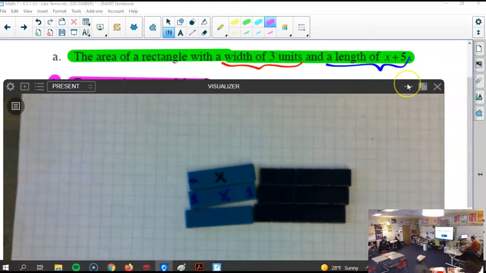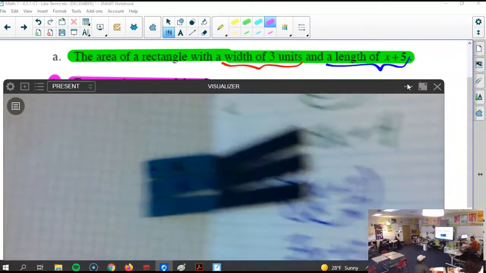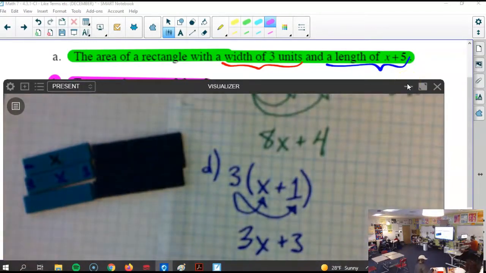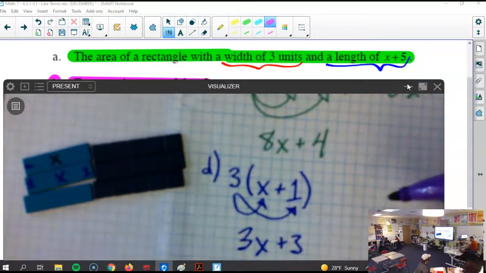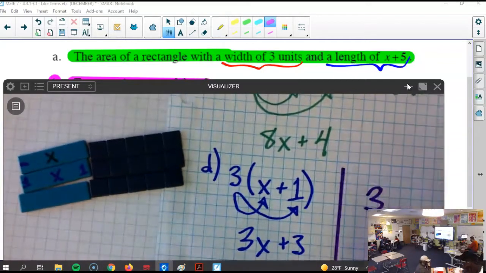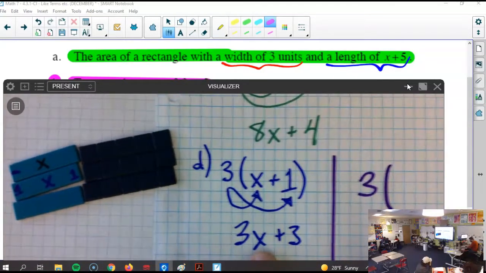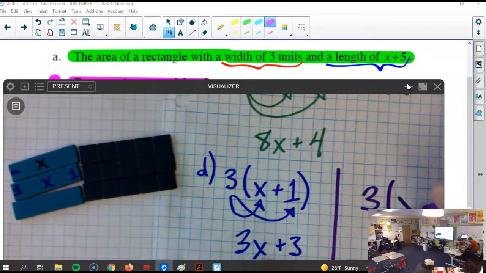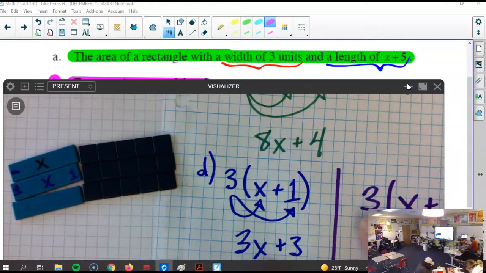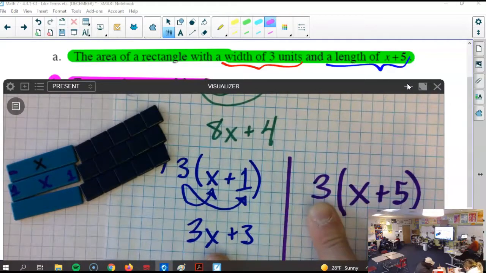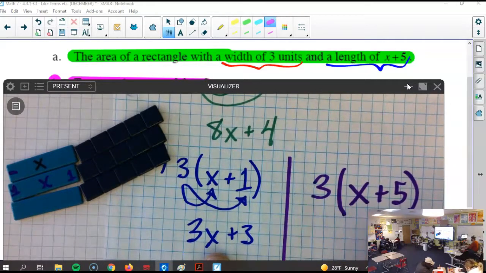So when we go to write it out, guys, you need it written out. We have 3 by, Sharpie on my desk, X plus 5. Right? Width of 3, length of X plus 5.